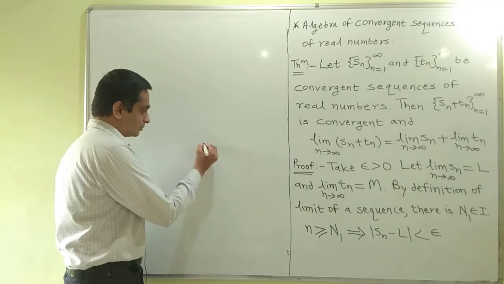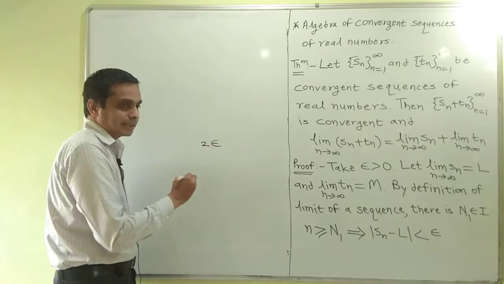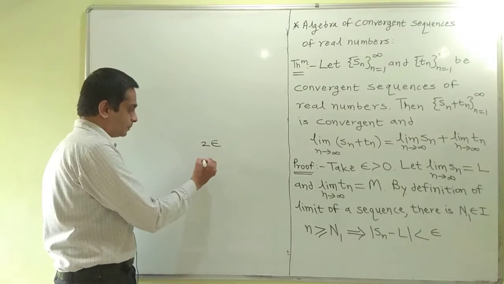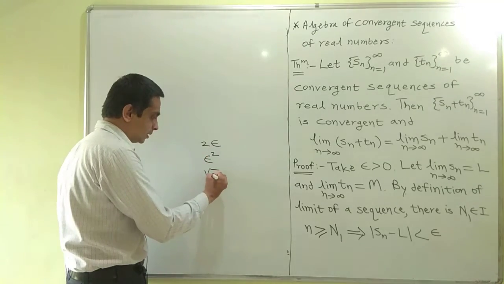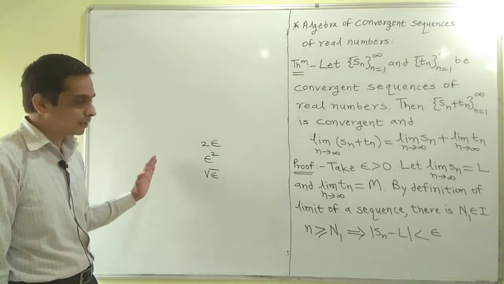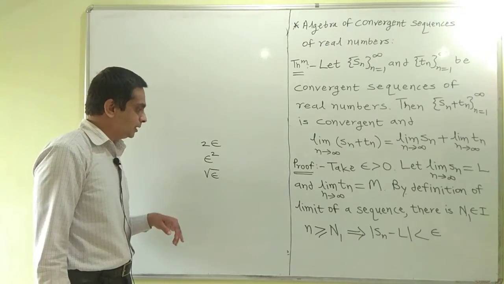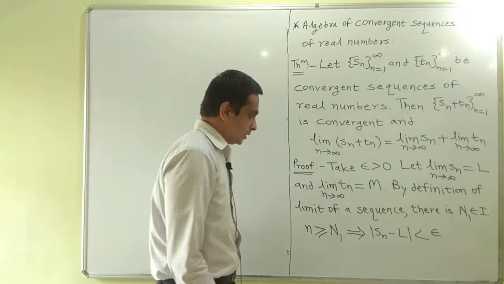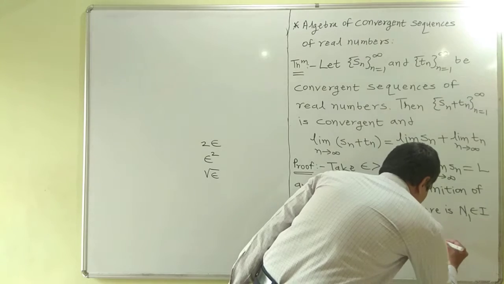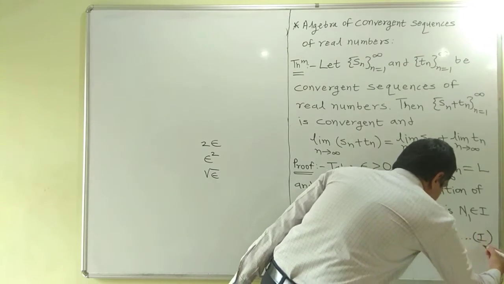any expression which will result in an arbitrary positive number. For example, I can replace epsilon by 2 epsilon, or by square root epsilon. Because epsilon is an arbitrary positive number, I can replace epsilon by any suitable expression which results in a positive real number. In this case, I am going to select epsilon by 2.